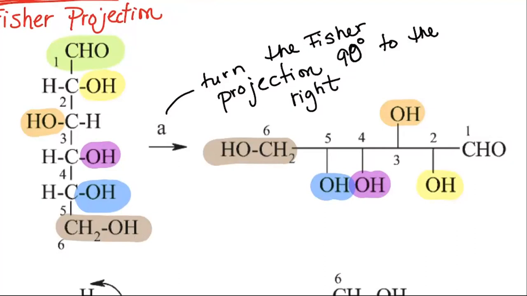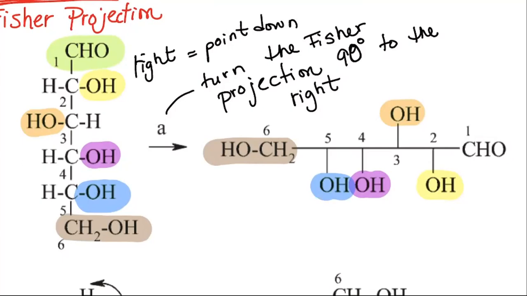So in summary, when I take my Fisher projection and I turn it 90 degrees to the side, basically anything that is to the right is going to point down, okay?